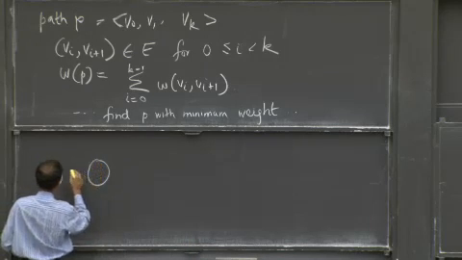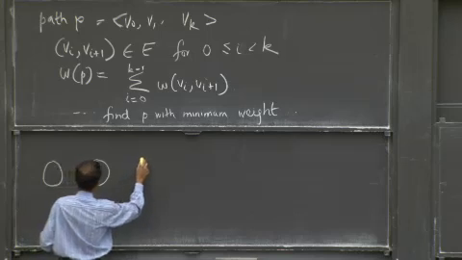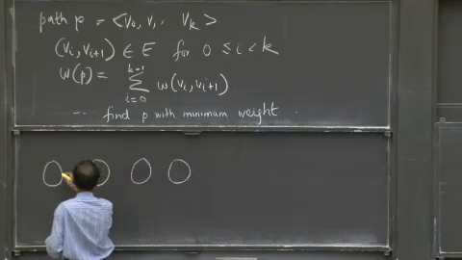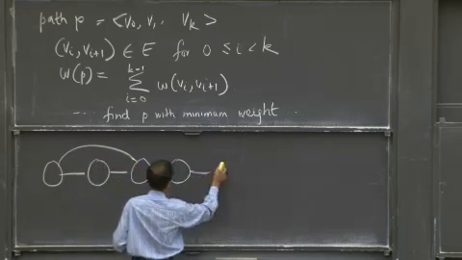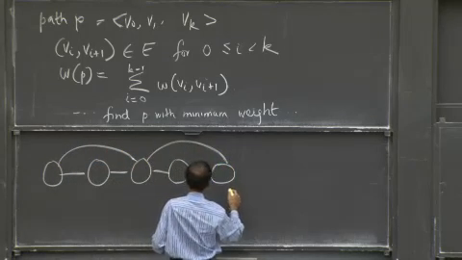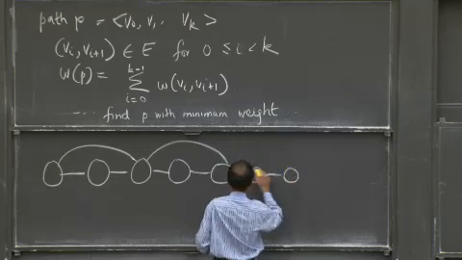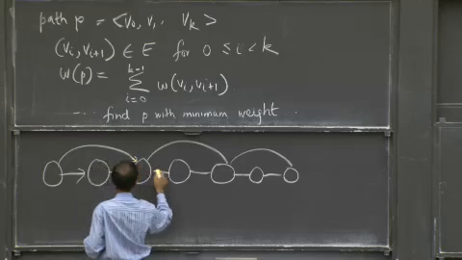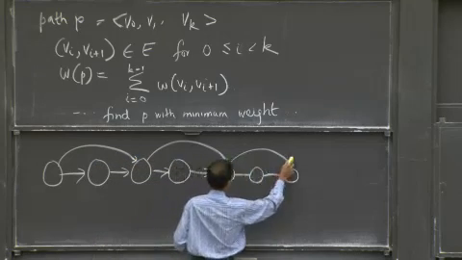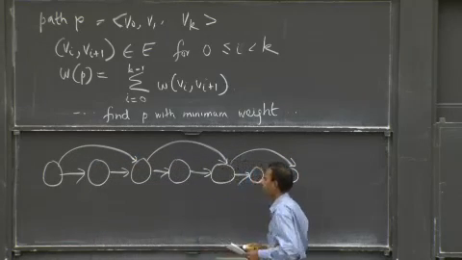And here's a real simple example where you would have an exponential number of paths, and we'll come back to this example later in the lecture. Let's assume that all the directions go this way, and it's a directed graph.